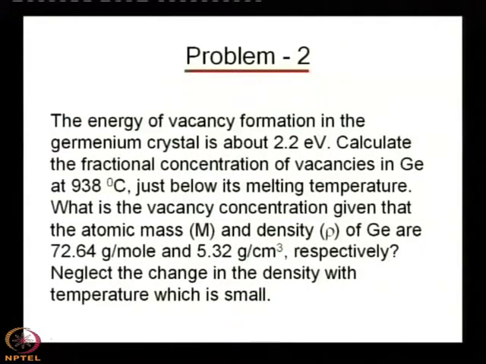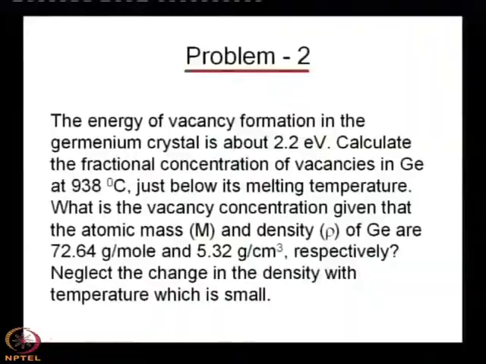So, creating a vacancy in a covalent crystal requires more energy, 3 times more in case of germanium if you compare with a metallic bonded crystal like aluminum. So, that is a very important example to prove the point that a covalent crystal needs more energy to create a vacancy than a metal.